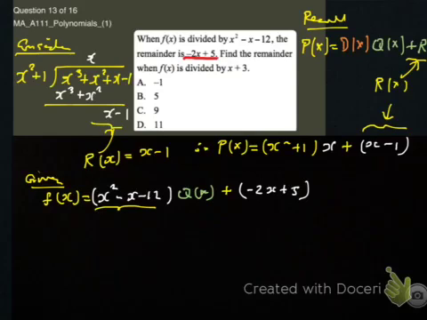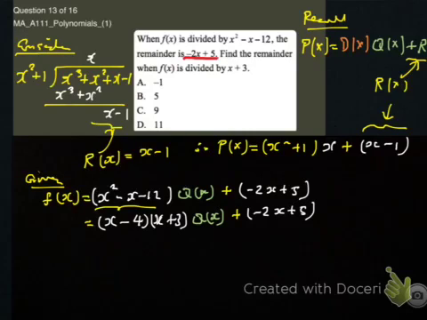Now you can see that the divisor can be further factorized, and part of that is x plus 3. The divisor, which generates a remainder of minus 2x plus 5, has one part that is x plus 3, and the other part is x minus 4.